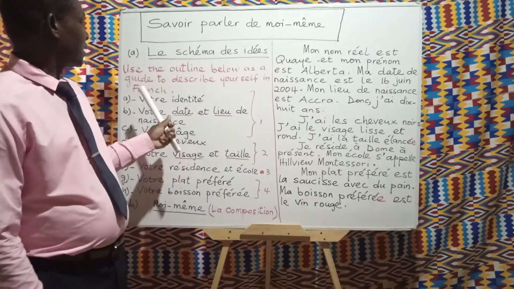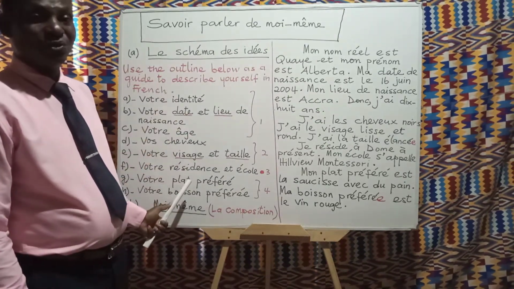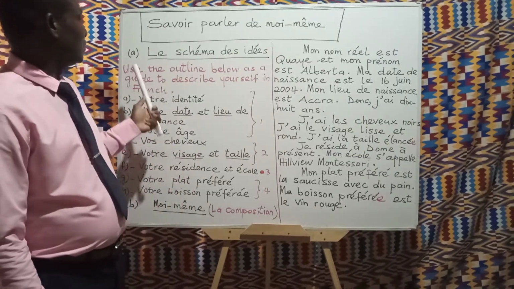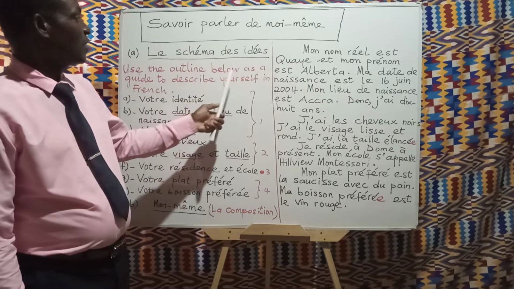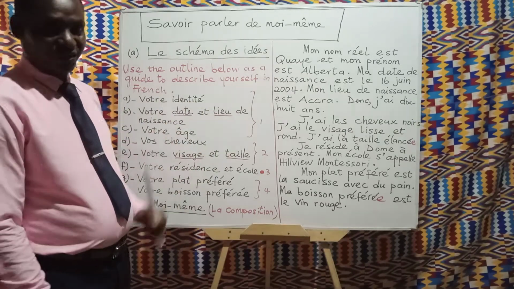Now, let's come to an example we have here. The question that has to guide you to come out with a piece of work here is: use the outline below as a guide to describe yourself in French.